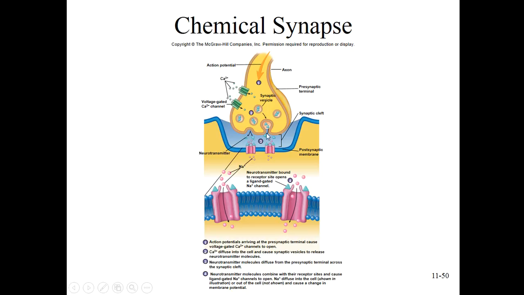The neurotransmitter flies across the synaptic cleft in almost no time, binding tightly to the receptors on the ligand-gated sodium channels. When those channels open, sodium rushes in, causing a local depolarization on the postsynaptic neuron.